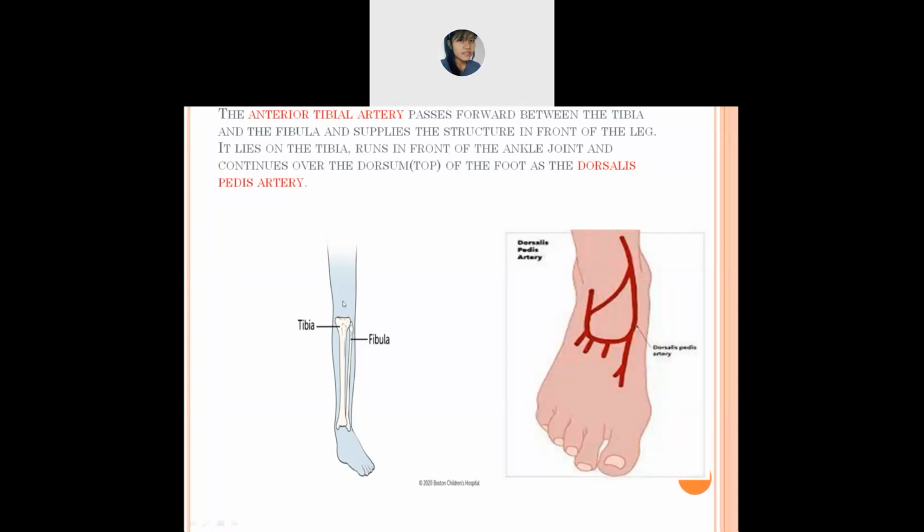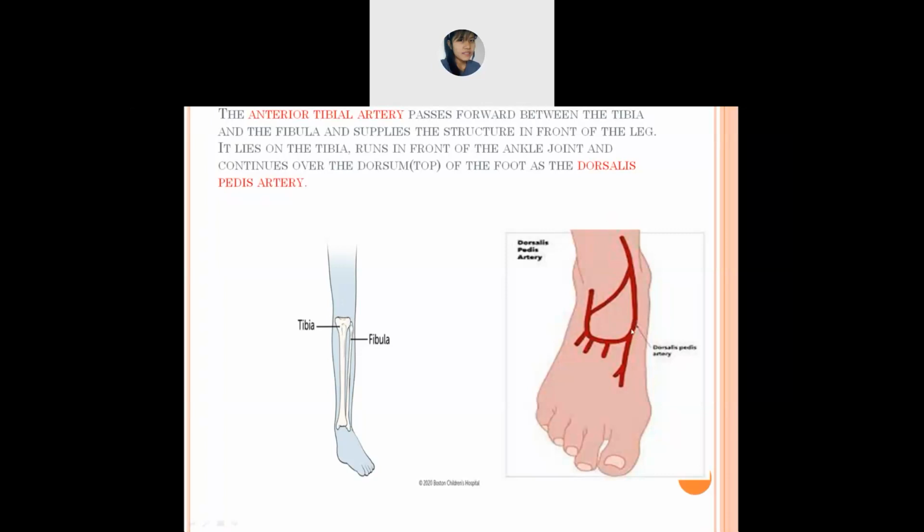Okay, and after that, what happens? This artery will go downwards, that is in your ankle portion, this portion, and it will continue in the dorsum of the foot. Dorsum means this one, front, right, top. So the anterior tibial artery will go on continuing, and it will reach here, this portion at the dorsum, at the top portion of the foot, which is known as the dorsalis pedis artery.